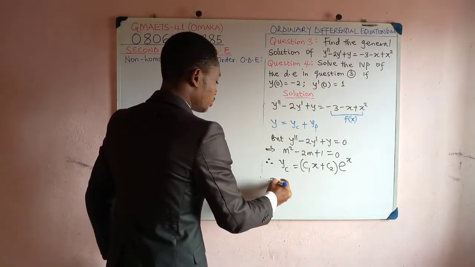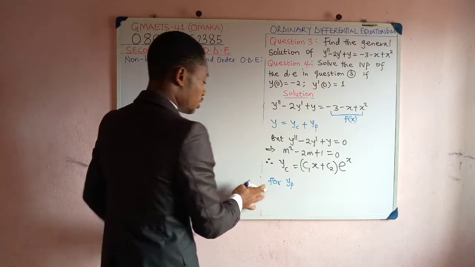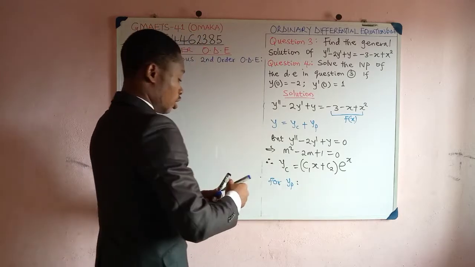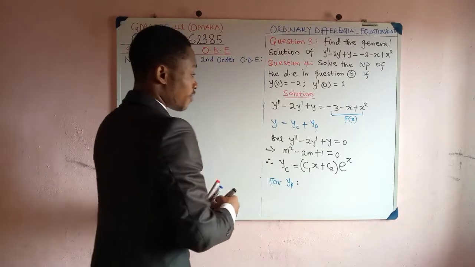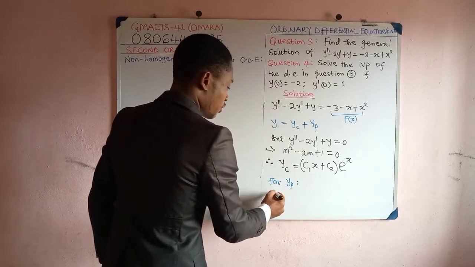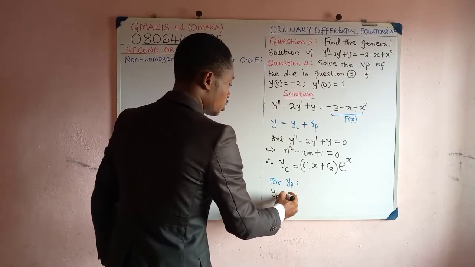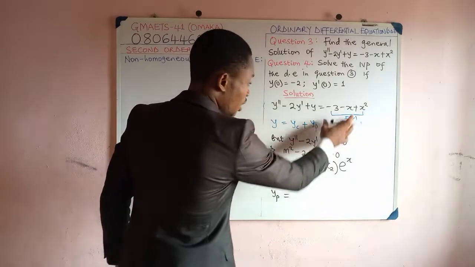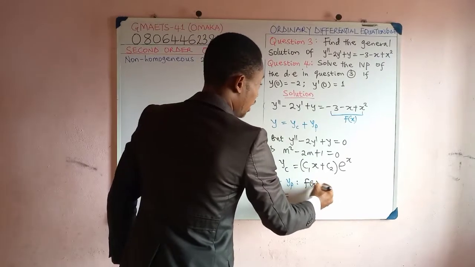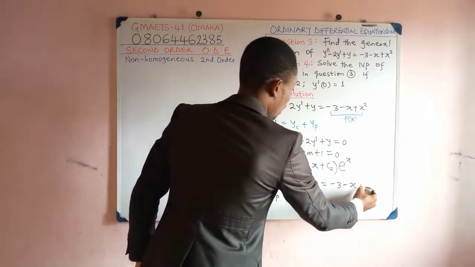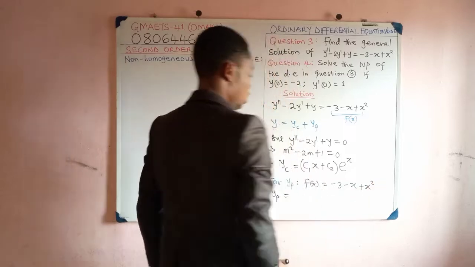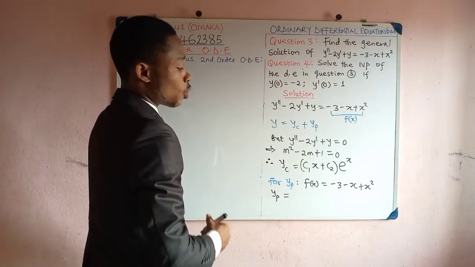For yp, the particular integral, we need to recall that for a polynomial function, let's look at f(x). f(x) is equal to -3 - x + x². So our yp is going to take what form?